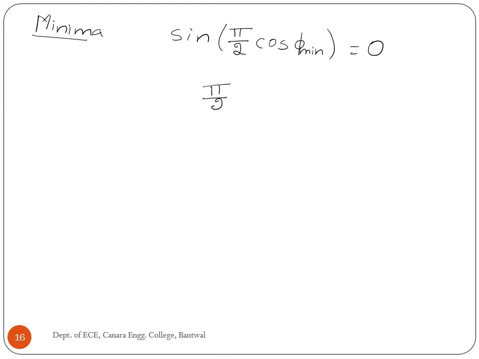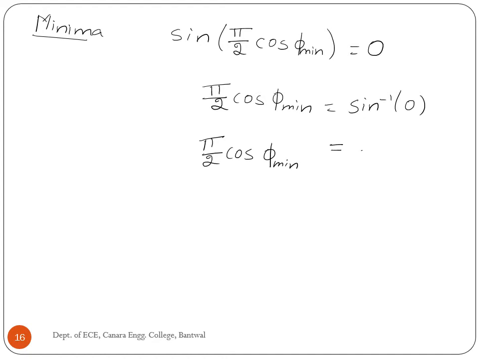Therefore, pi by 2 cos phi is equal to sine inverse of 0, which is equal to plus or minus k pi. If k equal to 0, phi is equal to plus or minus 90 degree.